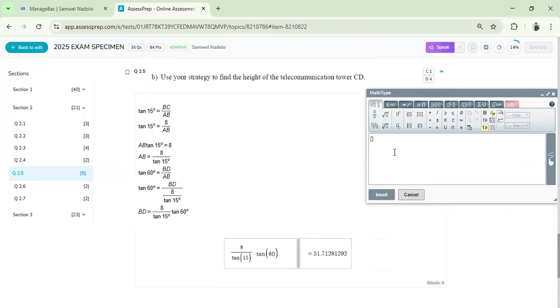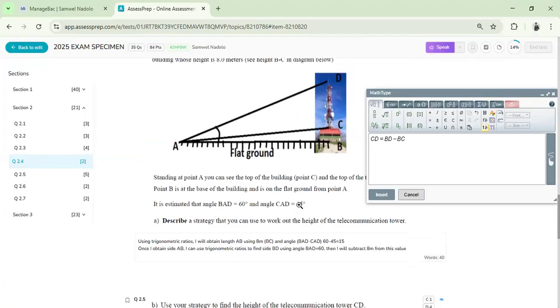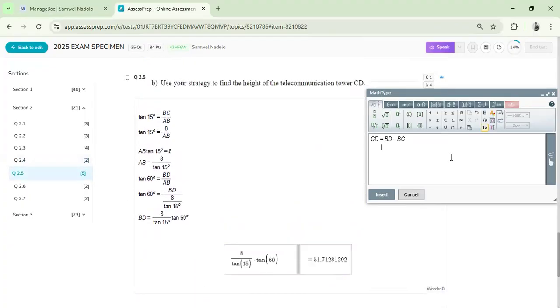Because we are looking for CD, we said CD will be equal to BD minus BC, and remember BC was 8. So from here we have obtained our BD as 51.71281292, so minus 8.